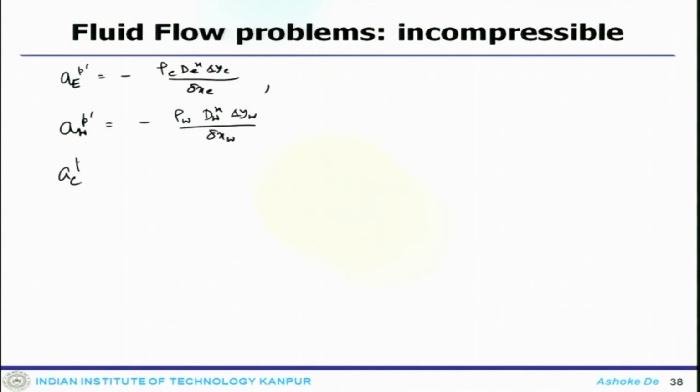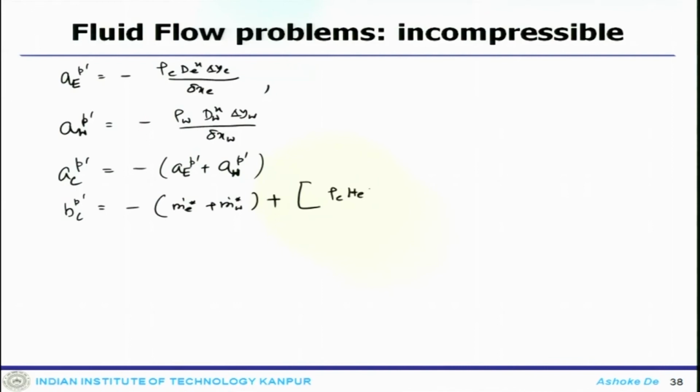You get A_C P prime equals minus (A_E P prime plus A_W P prime), and your B_C P prime is minus of m dot E star plus m dot W star plus rho_E h_E u prime delta y_E minus rho_W h_W u prime delta y_W.